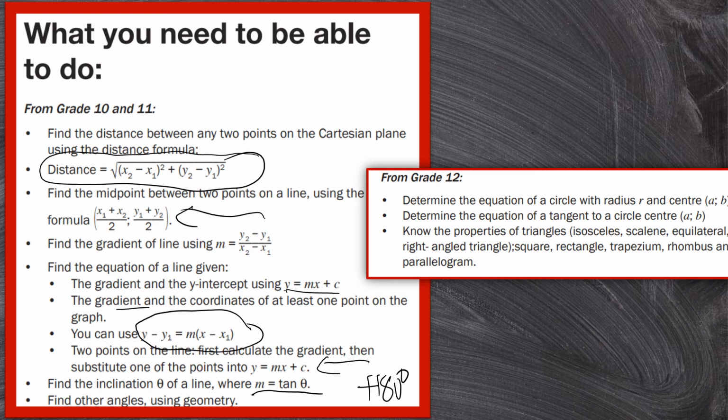And you need to be able to use the relational understanding approach to find other angles using Euclidean geometry, using our session on Euclidean geometry, triangles, and all those things. For your grade 12, we have also focused on determining the equation of a circle, in our session 1, with radius r and a center (a, b), where one circle is at the origin and another will not have its center at the origin.